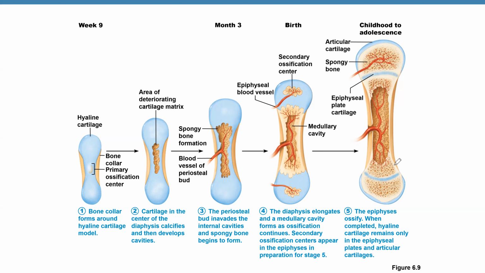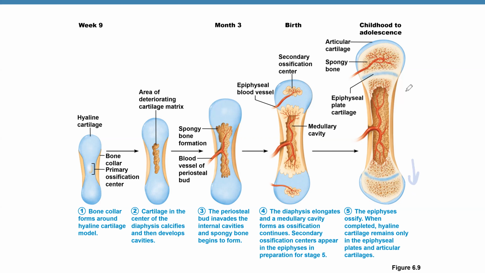Now we do have some remains of the cartilage. It's articular cartilage on the surface of the epiphysis that remains our entire life, and the cartilage between epiphysis and diaphysis called epiphyseal plate. This cartilage still will divide and allow your bones to grow longer.